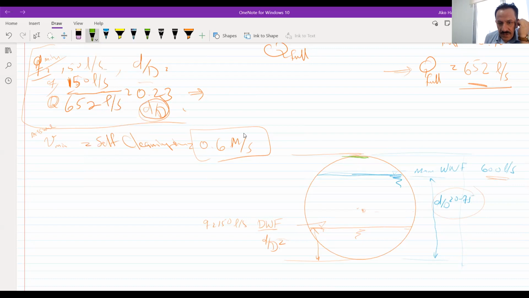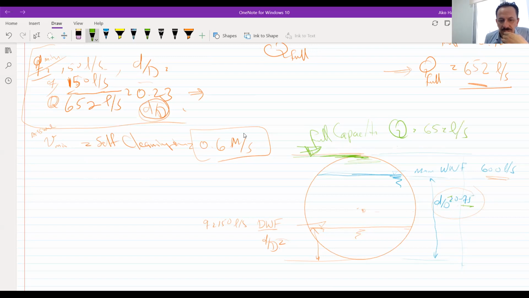When we have the green one, the level of the sewer is at full capacity, which means capital Q. Due to knowing that d over D is 75% and using the chart, I get Q equal to about 652 liter per second. Am I right?